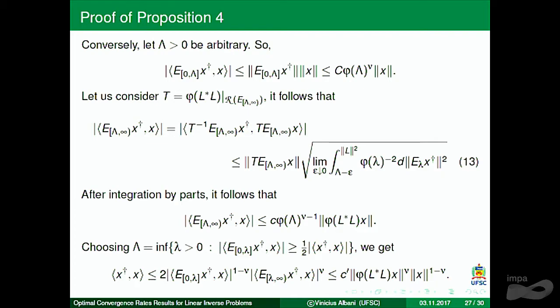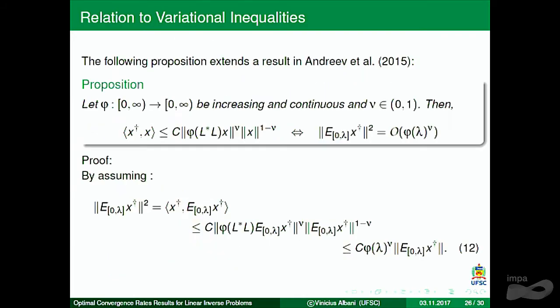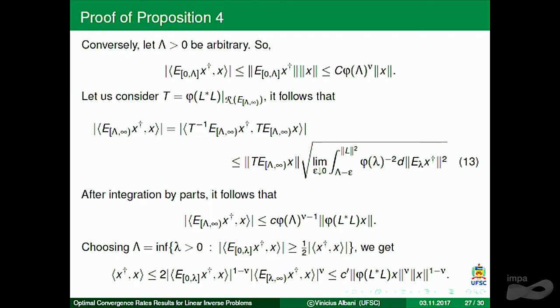Integrating by parts this part, we find this estimate, and this estimate is dominated by this. So we have this estimate. So to plug this and this to find this estimate here, we need these two conditions.